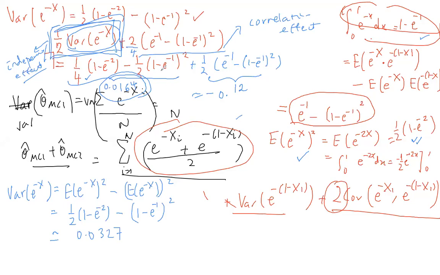But when you use antithetic variables, they are correlated, so they have a reduction, minus. So from 0.0164, the variance has dropped by, let me see, this should be 0.012 or something. Let me check again.